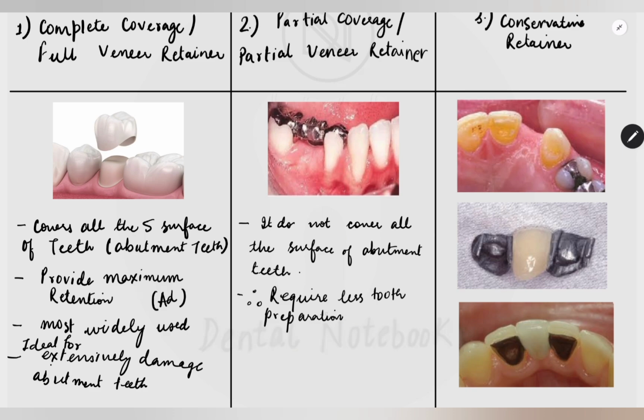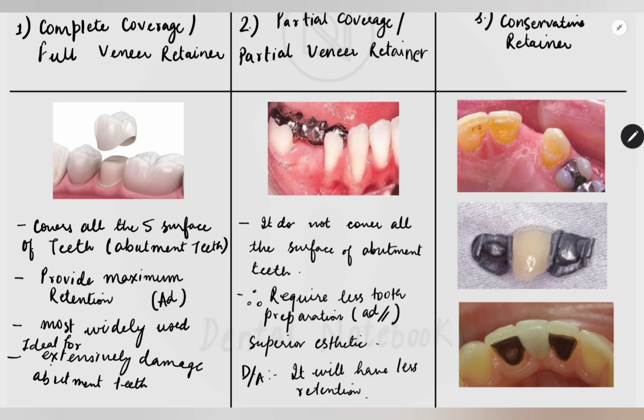Here you get the advantage that you will have to prepare less tooth. Another advantage is that it has superior aesthetics. The disadvantage is that it has less retention.